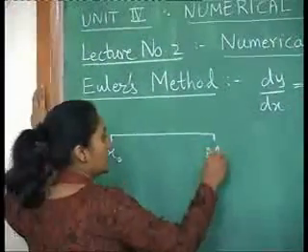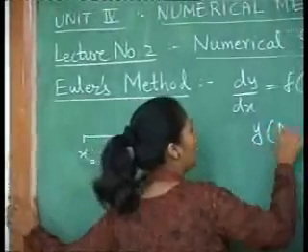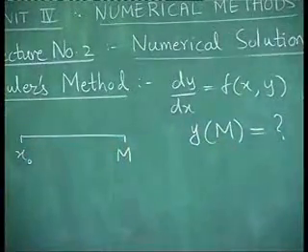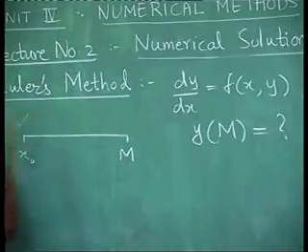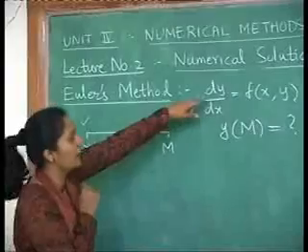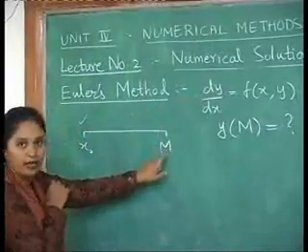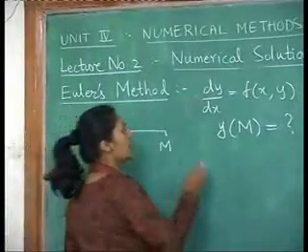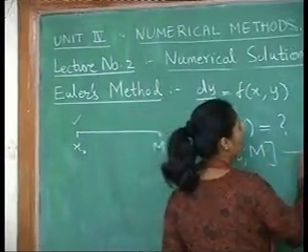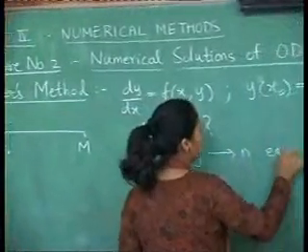We are interested in finding out the value of the function at some point, say capital M. So we know the value at this point, and we want the value of the function y at the point M. The first thing we do is divide this interval x naught to M into n equal parts.